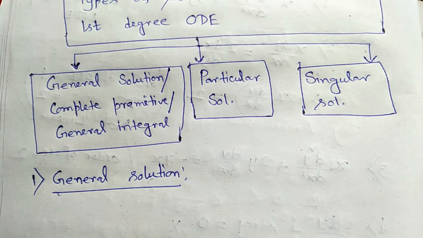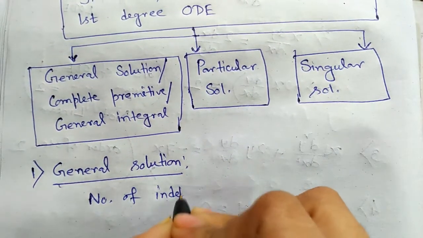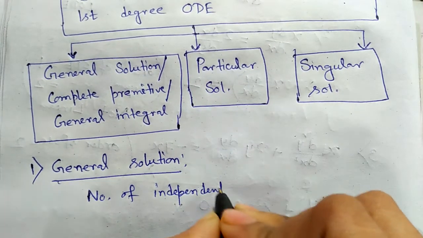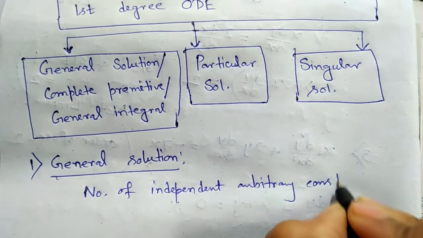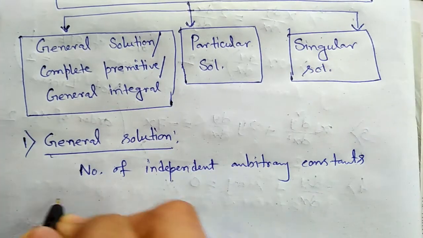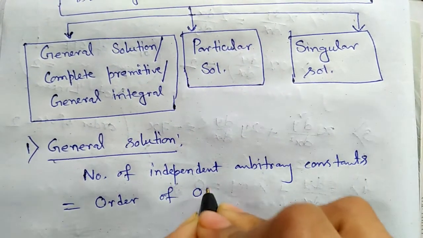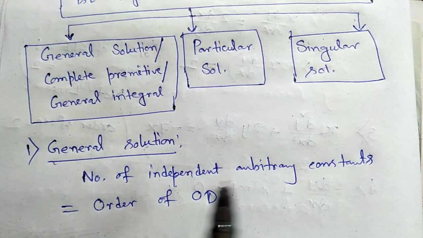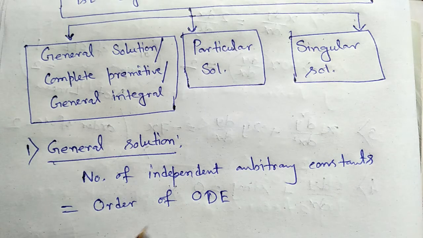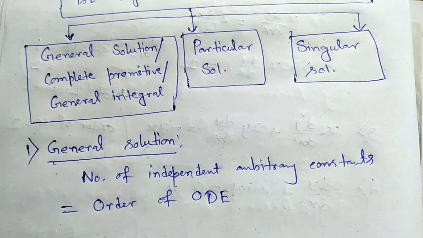So if in the solution the number of independent arbitrary constants is the same as the order of the ODE, then that solution is called general solution or complete primitive or general integral.